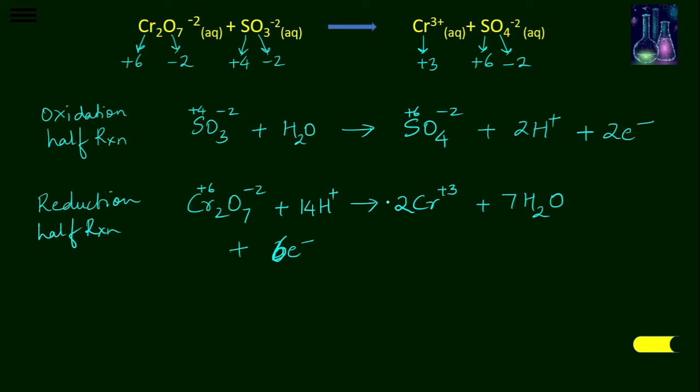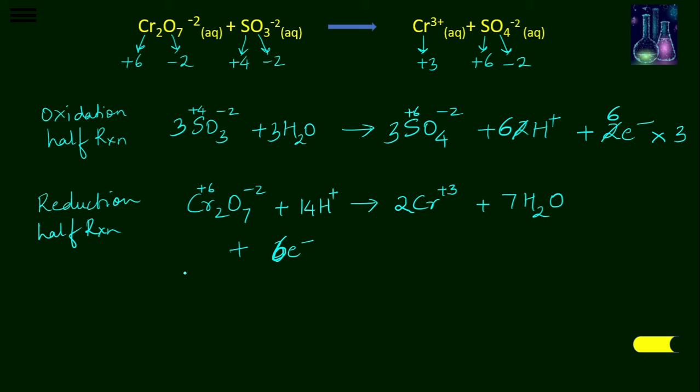Now balance the electrons. Here you have 6, here you have 2, so multiply this equation by 3. So 3 2s are 6, so here I will get 6, and here I will get 6 electrons.